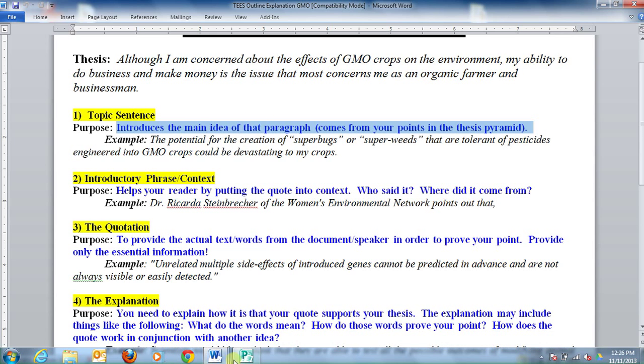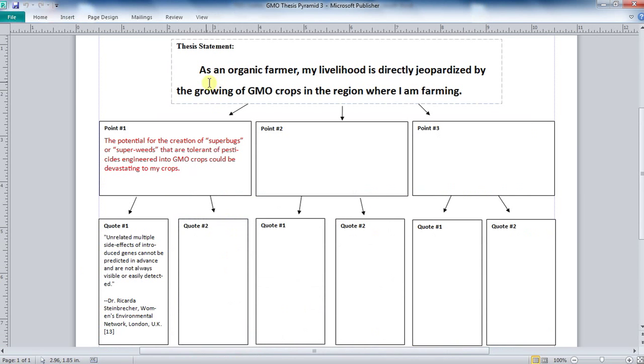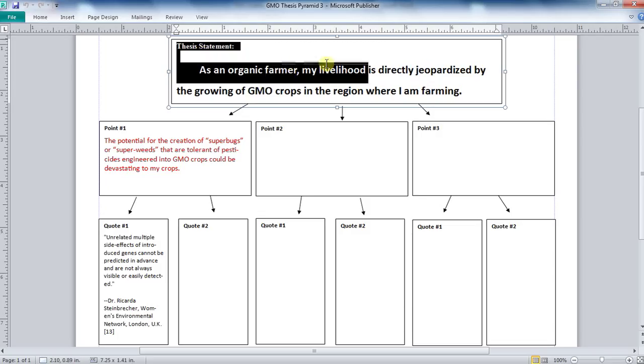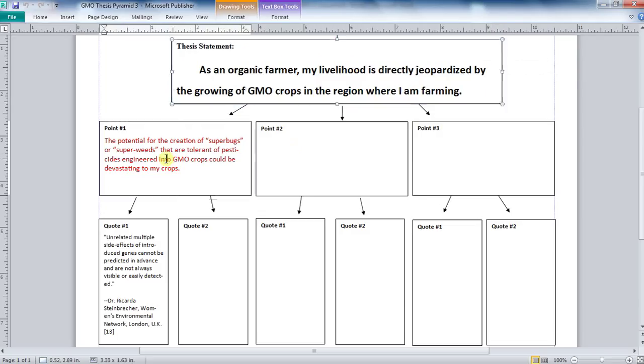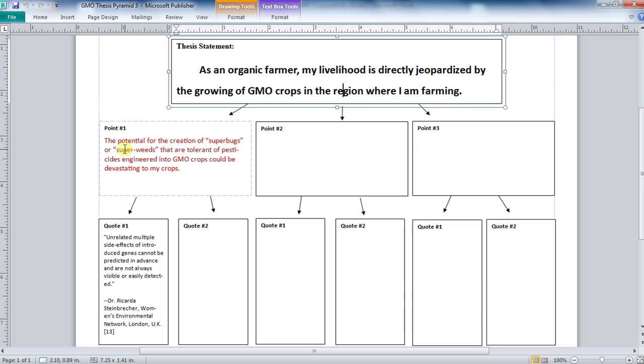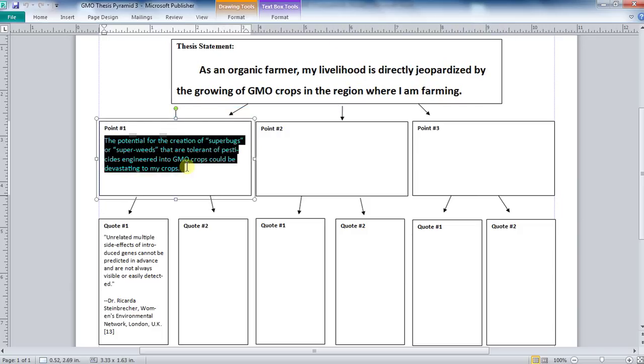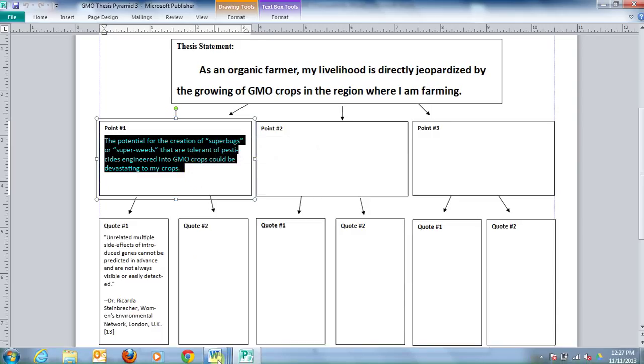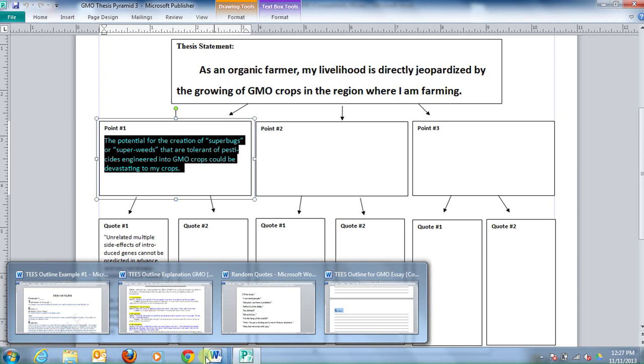So when you generated your thesis pyramid, you had a thesis statement, and then you developed two or three or four separate points to support your thesis. And for example, this first point would be my first topic sentence. That's what the first paragraph will be about.